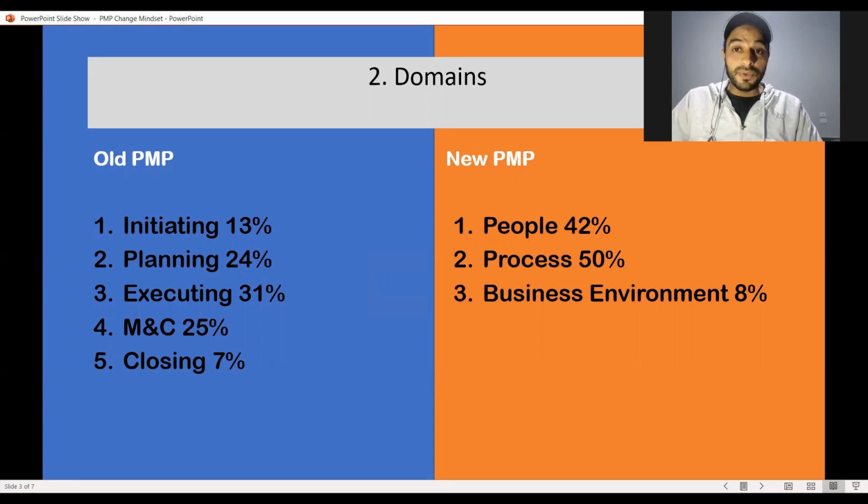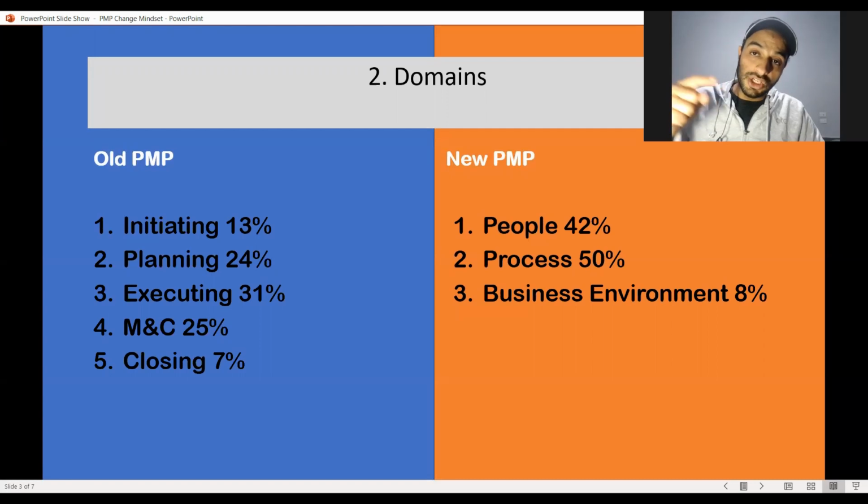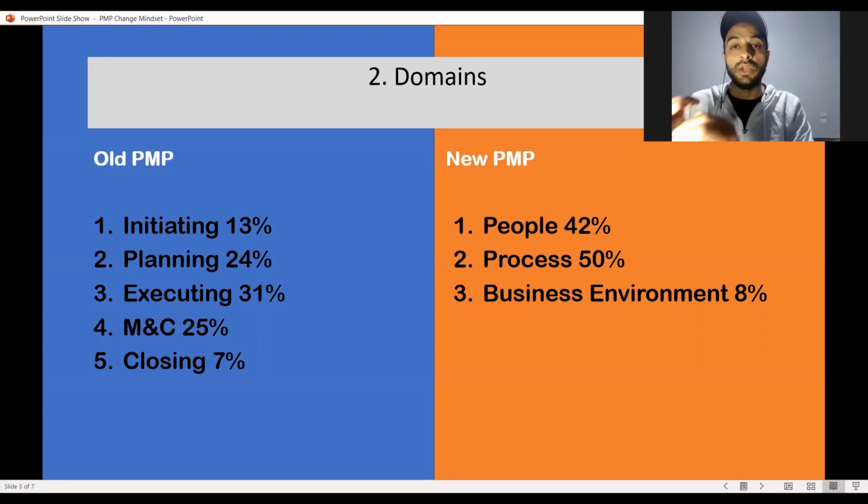In the exam, you have 200 questions. 13% of these 200 questions are on initiating, 24% planning, 31% executing, 25% monitoring and controlling, and 7% on closing. But in the new PMP, we have only 3 domains: people, process, and business environment. Process 50%, people 42%, and business environment 8%.